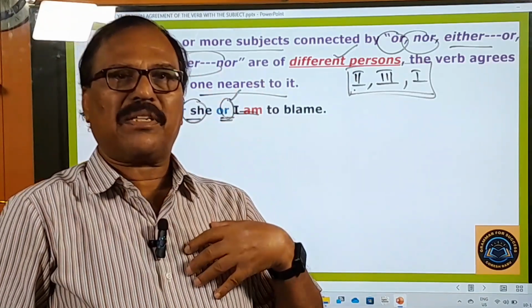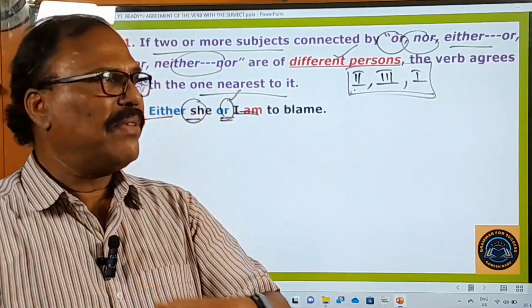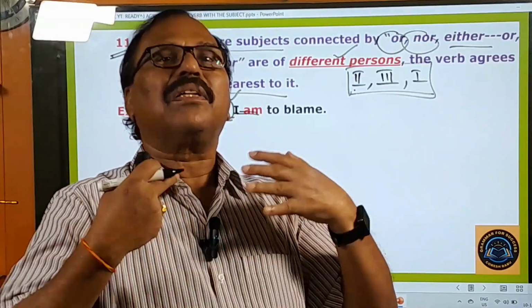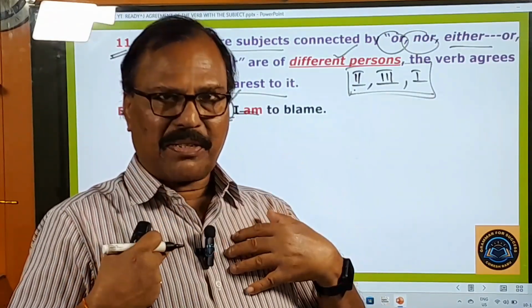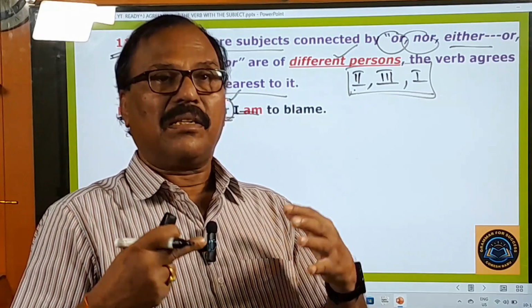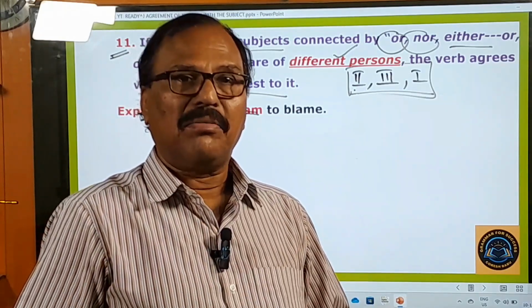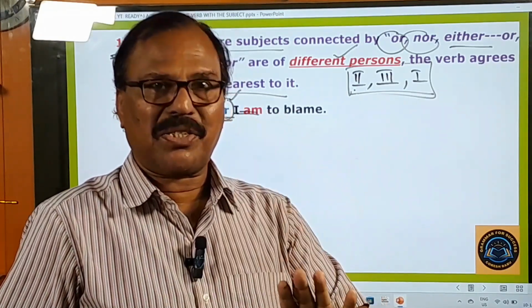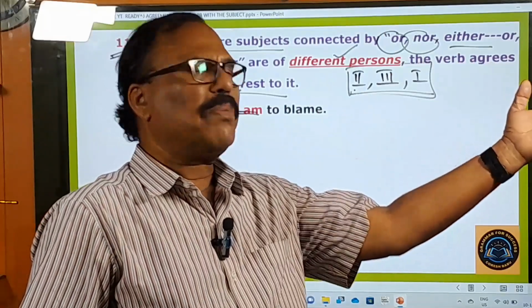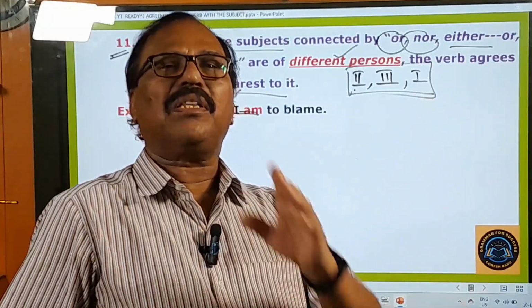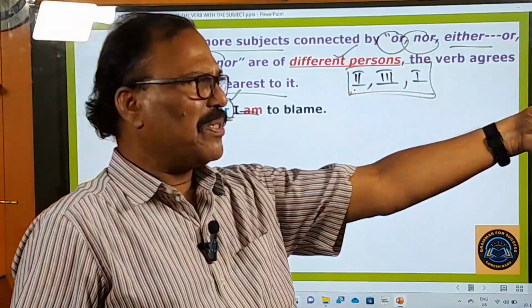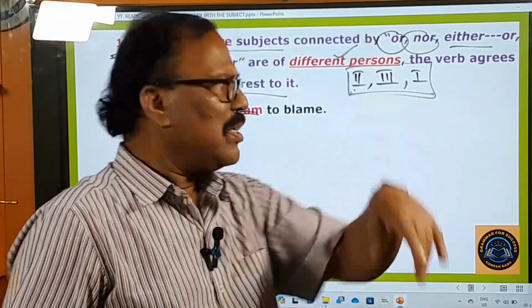First mention the second person, then the third person, then yourself, that means the first person. That is good manners. Don't mention yourself first. Don't mention the third person first. Only the second person first, third person next, first person last. So that is the rule.